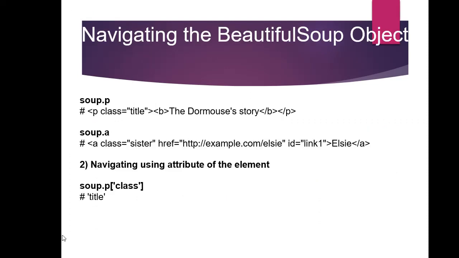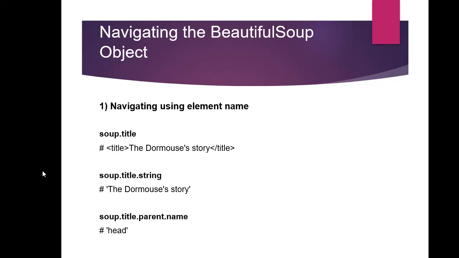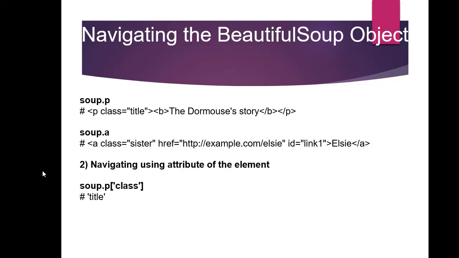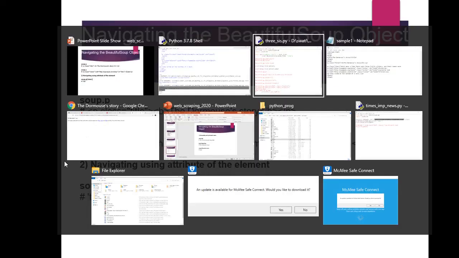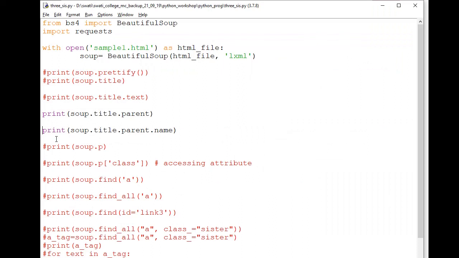Next is now, when I say soup dot p, it will give me the first p tag, and when I say soup dot a, it will return me the first a tag, the first anchor tag. Let's have a look.